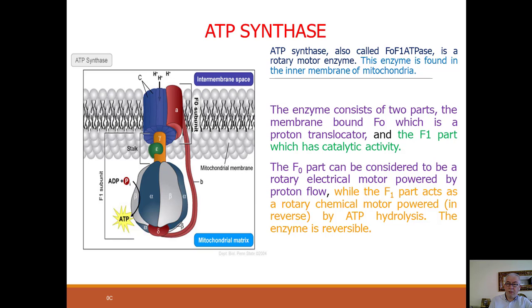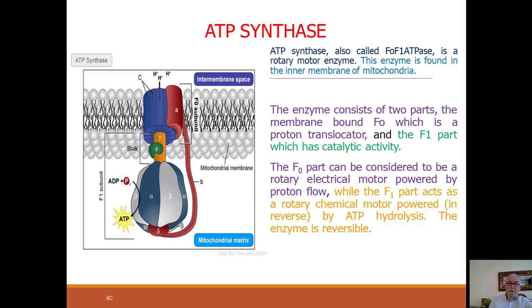The F0 part can be considered a rotary electric motor powered by proton flow, the proton motive force, while the F1 part acts as a rotary chemical motor powered by ATP hydrolysis. The enzyme is reversible. If you separate F0 and F1, F1 can hydrolyze ATP, but not synthesize it.